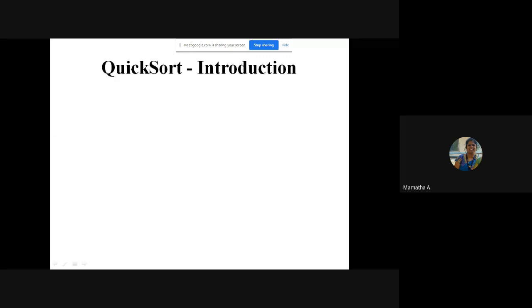So let's see. Okay. QuickSort is one of the famous sorting algorithms which uses the divide and conquer technique to sort a given set of numbers. Before I go to the QuickSort example, let me make it clear that there are several variations of QuickSort.